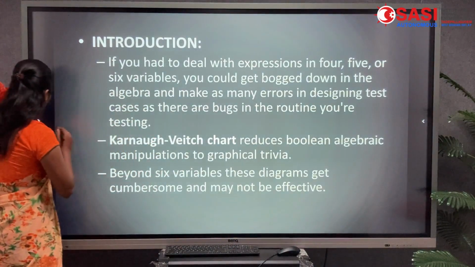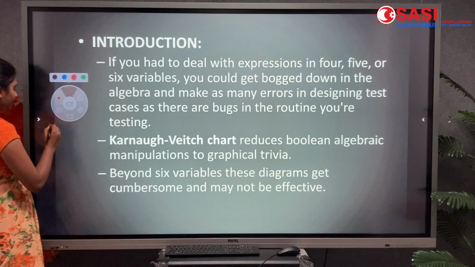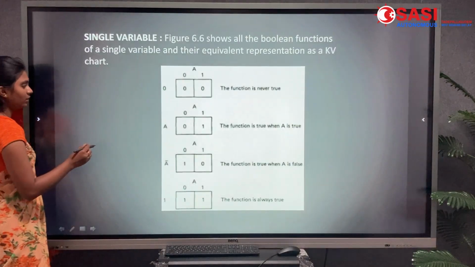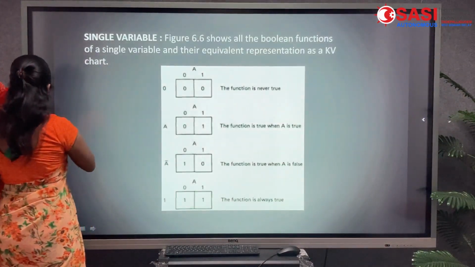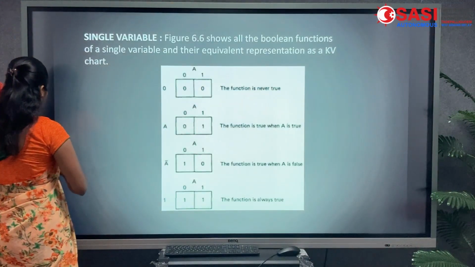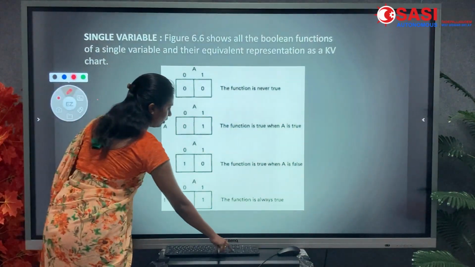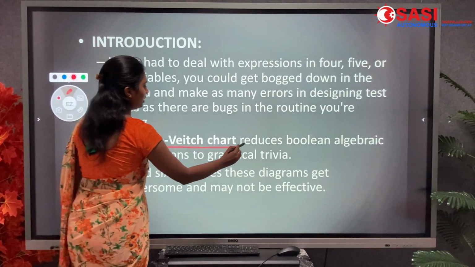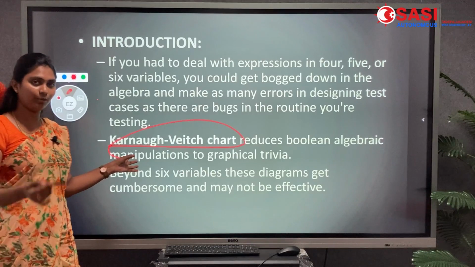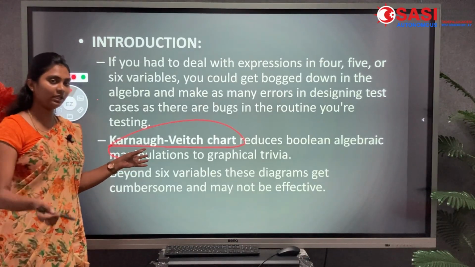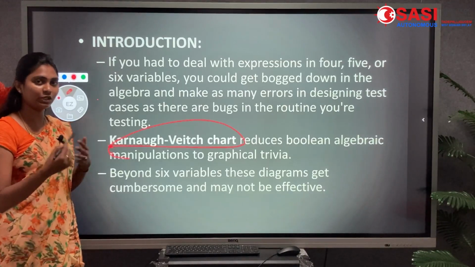Why is it called the Karnaugh-Veitch graph? The Karnaugh-Veitch graph is converting the Boolean algebra, for the manipulation or calculation of the data.